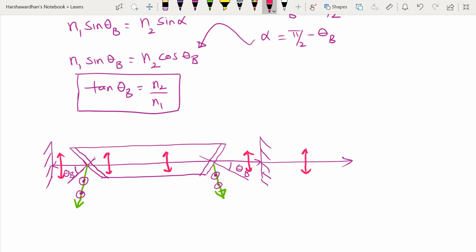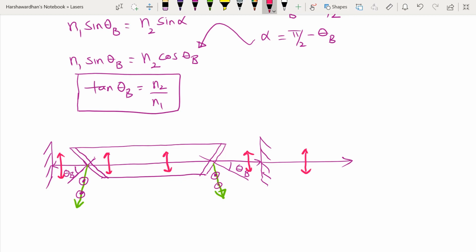So by repeated passes, one is going to filter out and retain only the in-plane polarization of these Brewster cut windows, and that is how one obtains, for example, polarized light. And maybe you also want to include within the cavity the Fabry-Perot. You will get not only a single frequency, but also a single polarization, and that would be truly a single mode oscillation from such a laser.